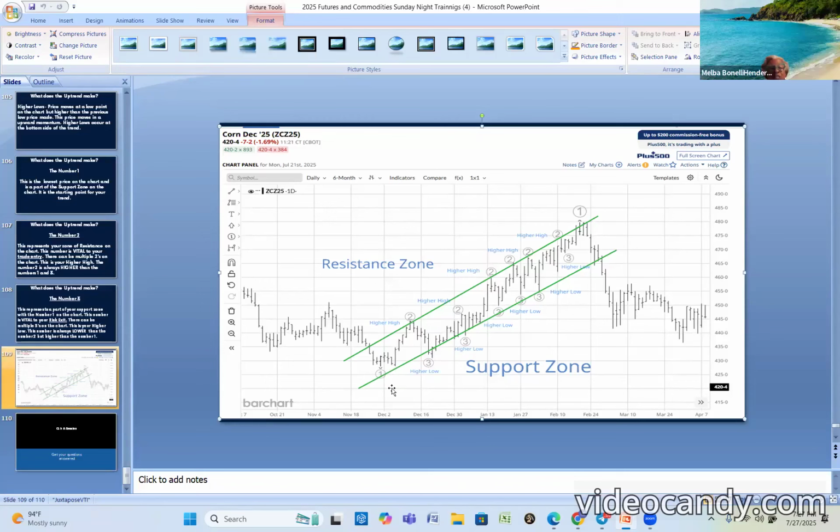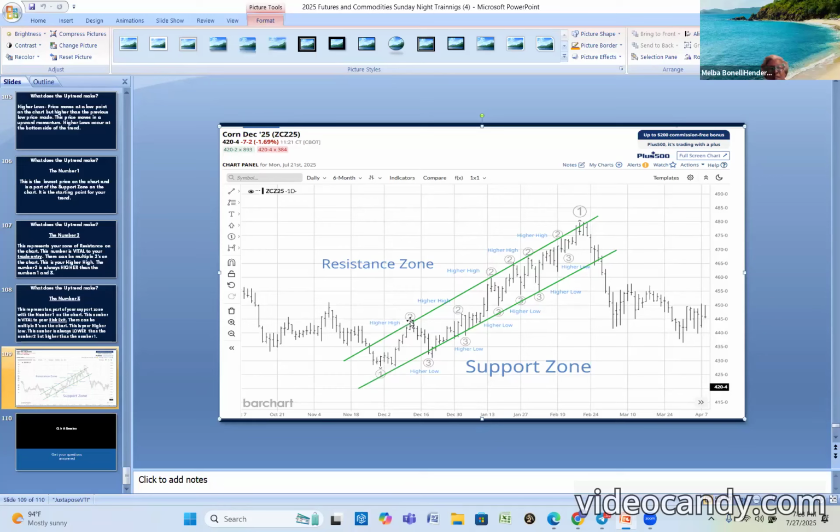And how do we know the number 1 is the lowest point on the chart? You see this little half moon U right here? That's telling you that's the lowest point on the chart. And so you label that number 1. Then the market price progresses upward, higher, and so it makes what's called a number 2, which is higher than the number 1.